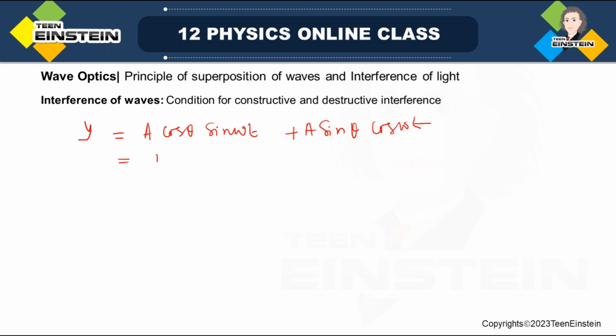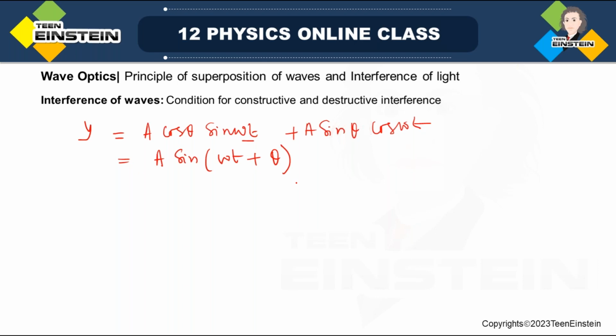Look, A is common. So sin a cos b plus cos a sin b, it is actually coming as A sin(omega t plus theta). So you can see the interfering wave is also a sine curve like this.